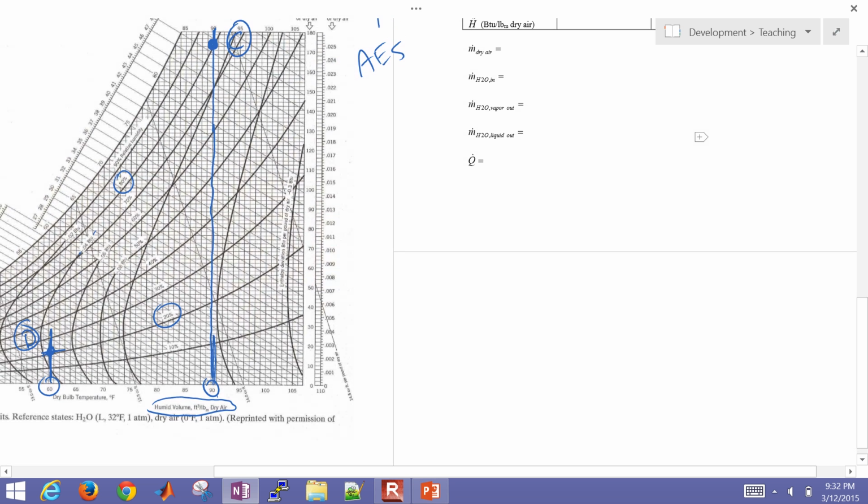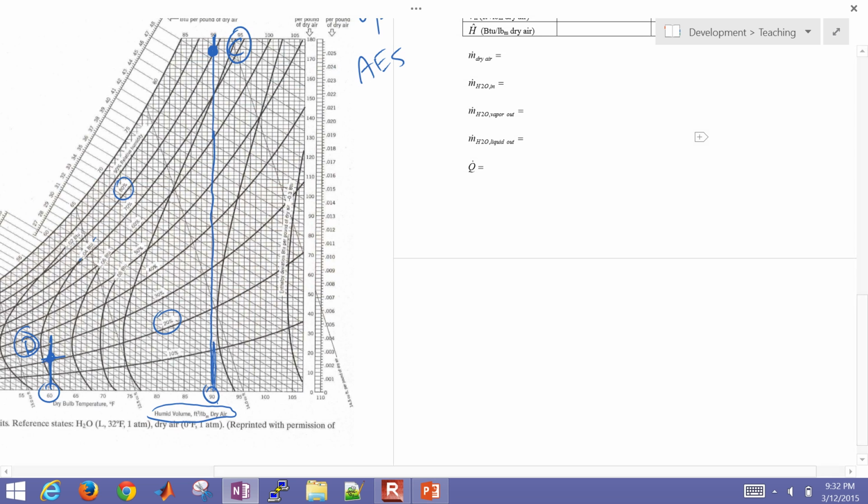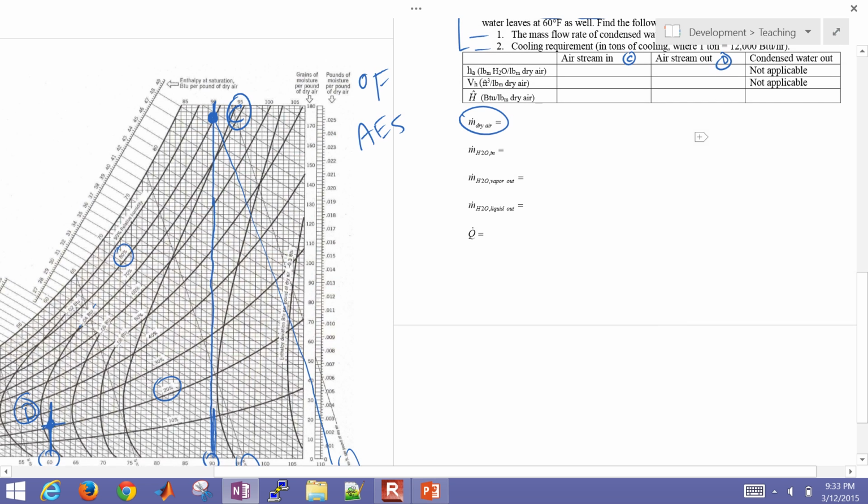We can use that to get the mass flow rate of just dry air coming in. Let me get the humid volume here. That's 14.5, there's 14.0, so it's going to be about 14.4.